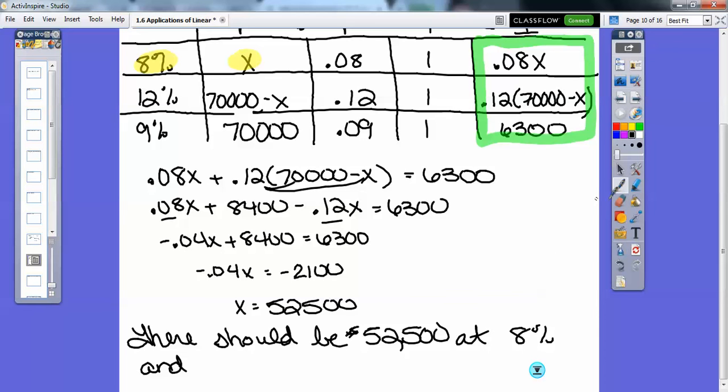How do I find the amount at 12%? Subtract. 70,000 minus X. 17,500 at 12%.